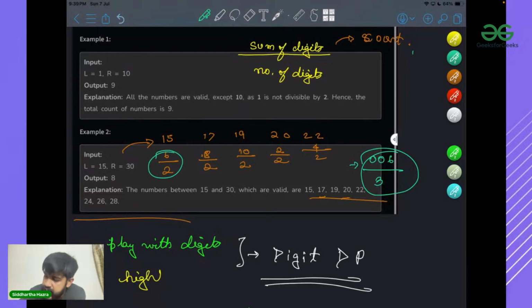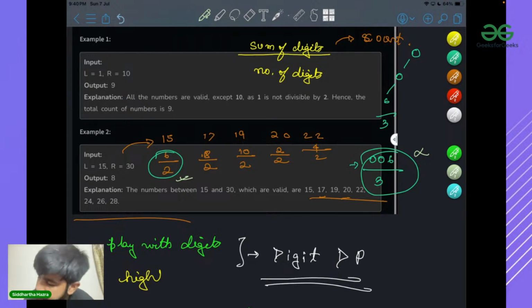Initially I can start from 0, then I keep 0 again, then I keep 6. So the sum of digits would come out to be 6. And if I divide it by the number of digits used, that would be 3, because I used 006. But this shouldn't contribute to the answer. 006 divided by 3 is not a valid contribution to the answer. You got my point? This is a valid contribution to the answer.